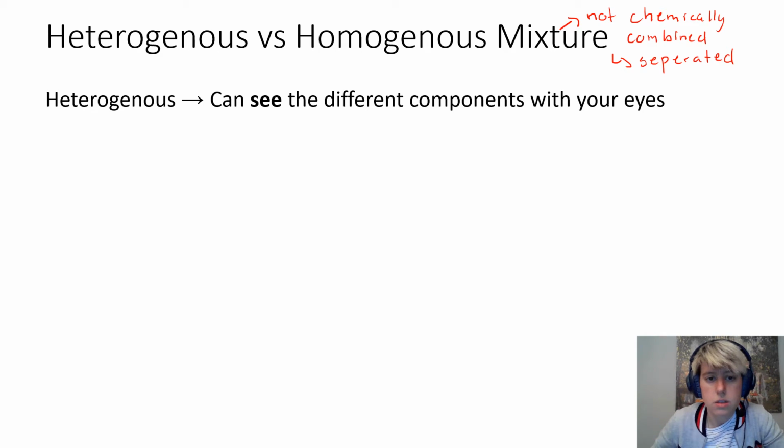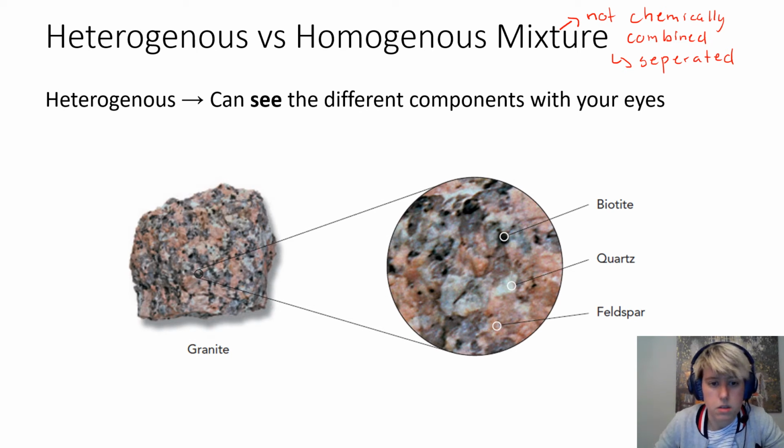So in a heterogeneous mixture, I can actually see the different components with my eyes. For instance, in this piece of granite, I can see the different minerals that form granite. So biotite, quartz, and feldspar are just a few.